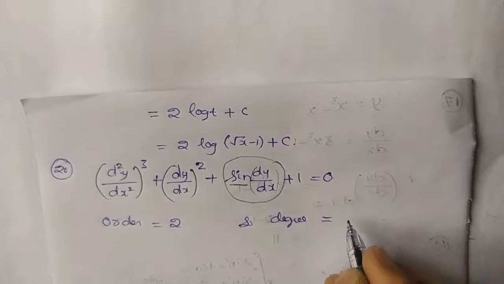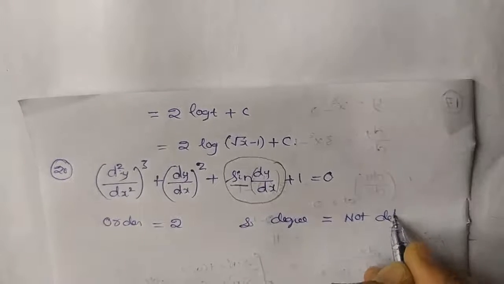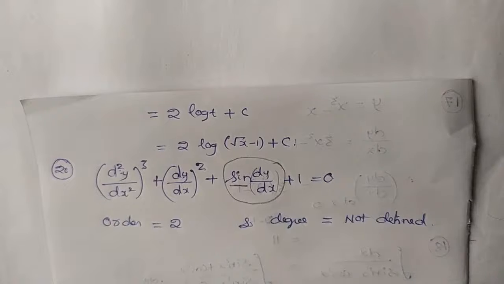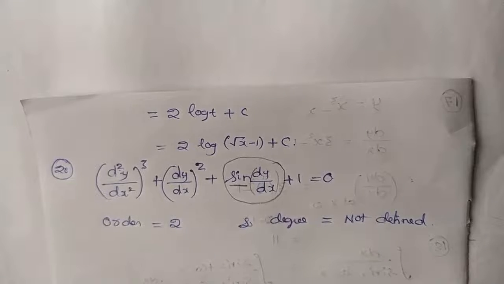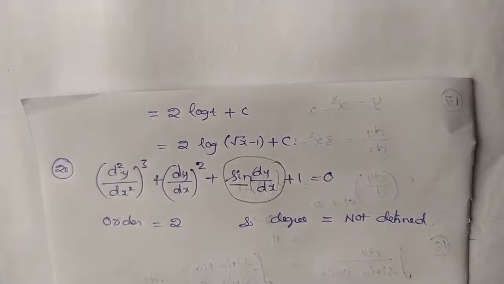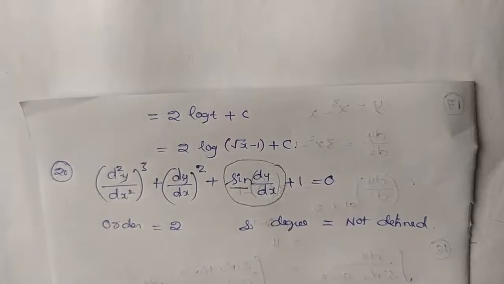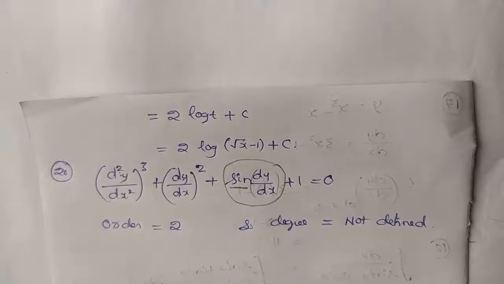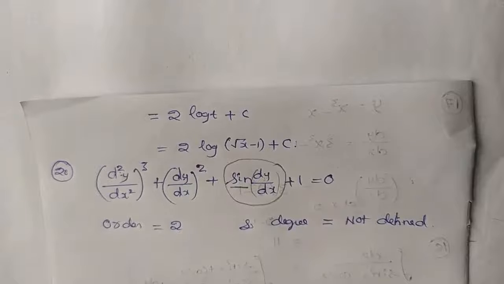Sine of dy by dx, cos of dy by dx, tan of dy by dx, log of dy by dx: if those things are involved, then we can say that degree is not defined. Order we can define, but degree is not defined. Okay, so that is the order and degree of this equation.